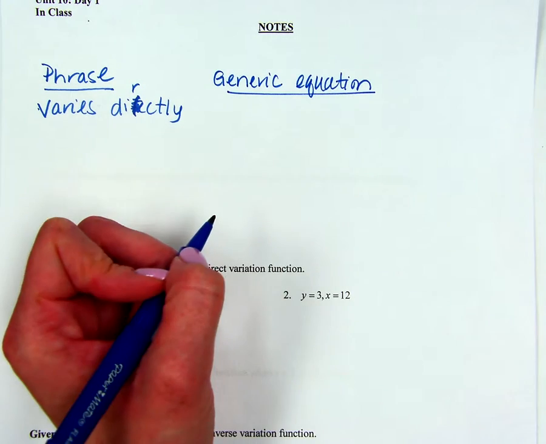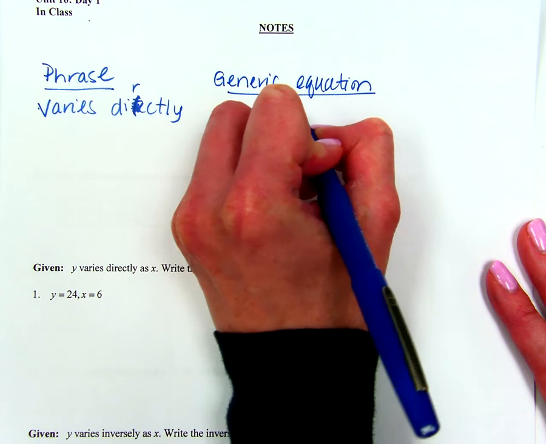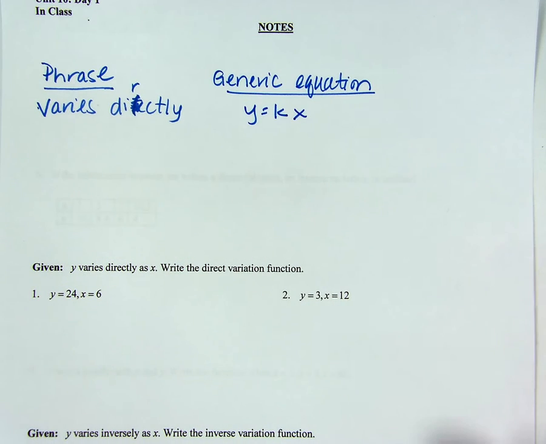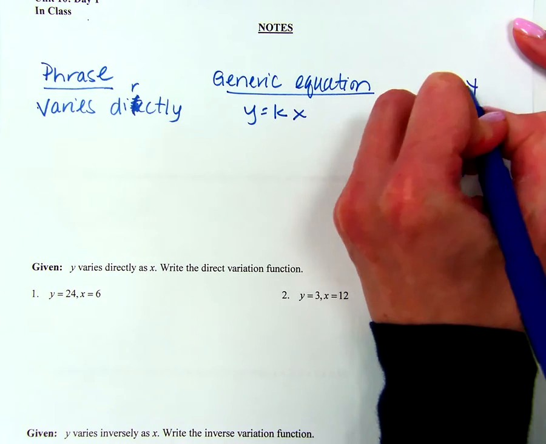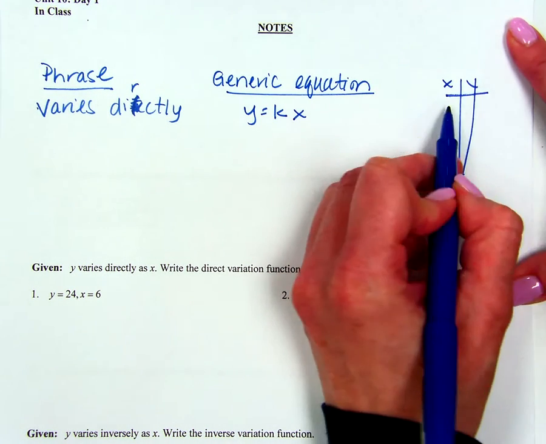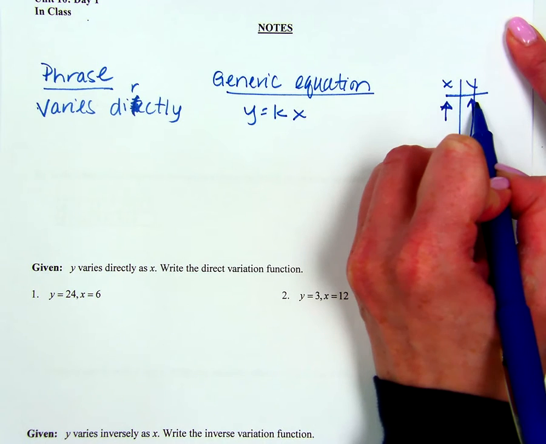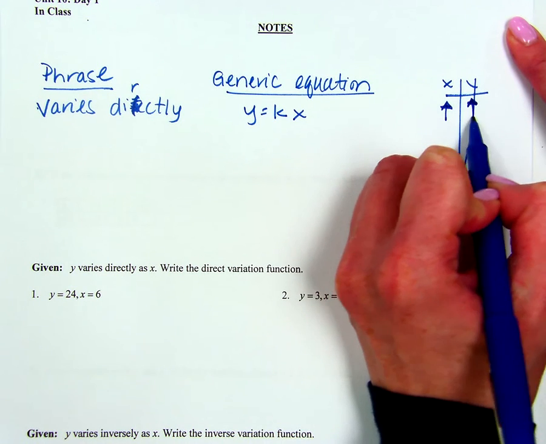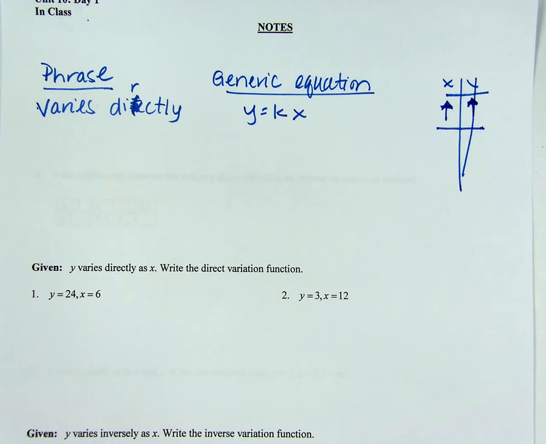If it varies directly, it's just going to look like this: y equals k times x. That means as your x is increasing, so is your y. So that would be for our direct variation.